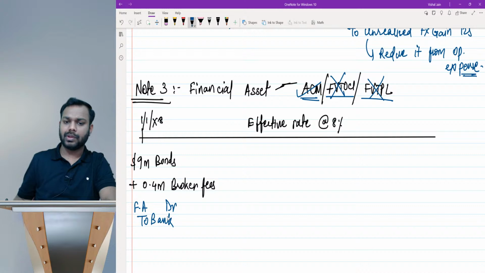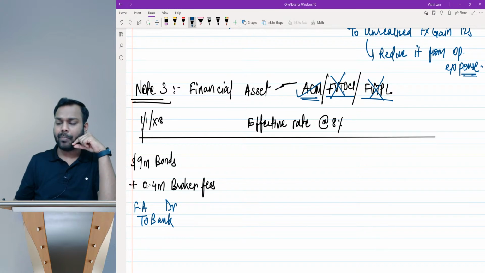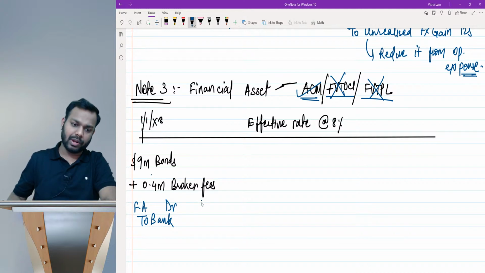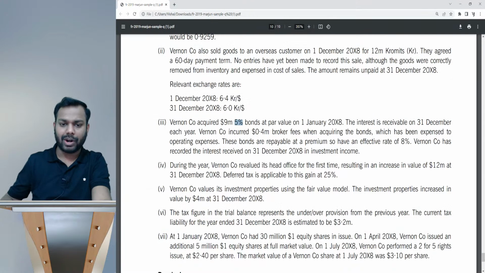And what is the amount for the amortized cost method? At what amount? 9 million, 8.6 million or 9.4 million? 9.4, very good. So it is 9400. But now see what they have done.